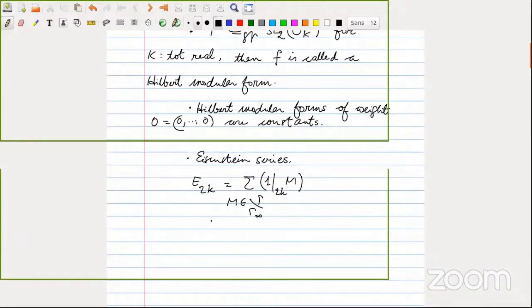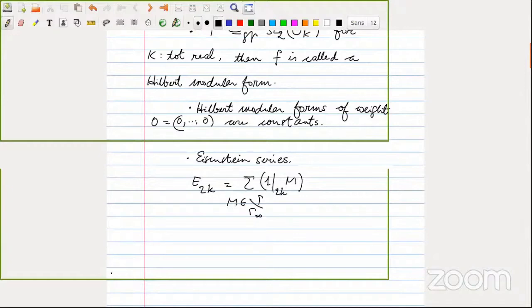So these were the things, and today we are going to see, what we saw yesterday was that Hilbert modular forms of weight zero are constants. The first thing we'll see today is something known as the Koecher principle.